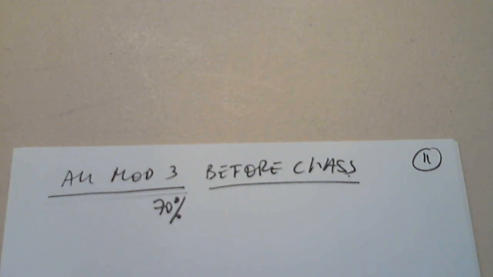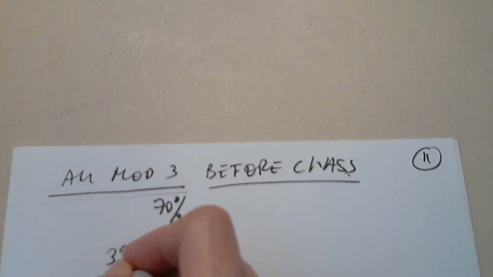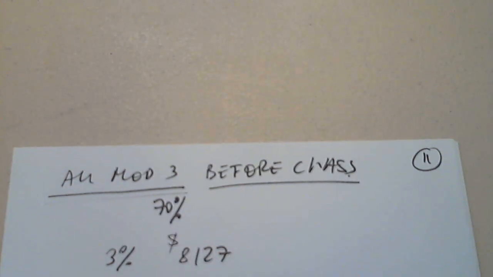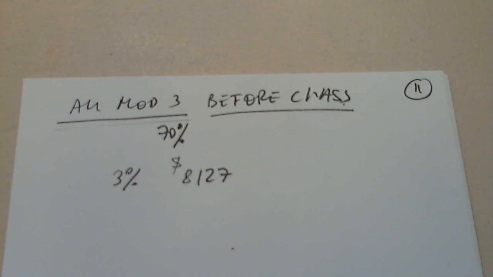So she receives the 3% commission on every house she sells, and she received a total of $8,127 on a sale of one home. What was the price of the home she sold? How do I set this up? Josh, will you help us? Ashley, will you help us?